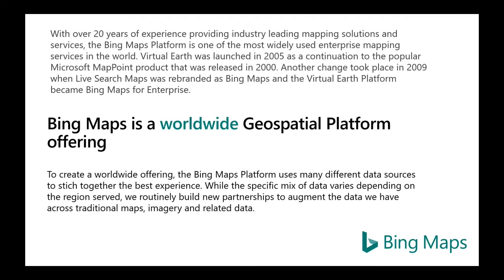But the key here is that not any one entity has all of the information that we need to provide a worldwide offering. So in order to do that, we partner with multiple different data providers in order to stitch together the best globe that we can with the best data that we can in parts of the world.